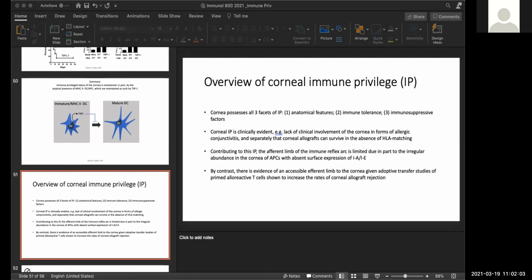Or is it more that because the limbus has lymphatics, it's preferentially exposed to things that could cause inflammation, whereas the corneal parenchyma requires angiogenesis and development of these lymphatics to be exposed to these same stimuli?